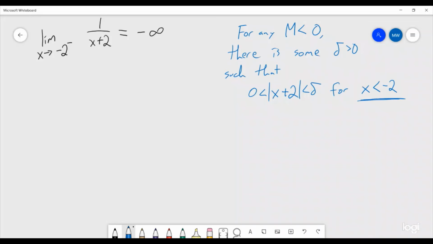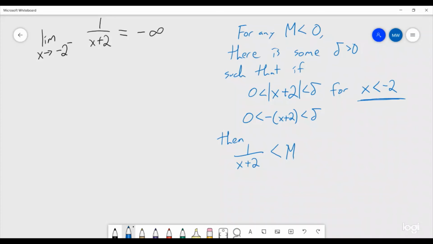So if x is less than negative 2, the absolute value of x plus 2 is going to be positive, but x plus 2 is negative, so we can rewrite this as 0 is less than negative (x plus 2) is less than delta, because that's what the absolute value is when x is less than negative 2. Such that if this is the case, then 1 over x plus 2 is more negative than M, so M is going to be bigger than it.